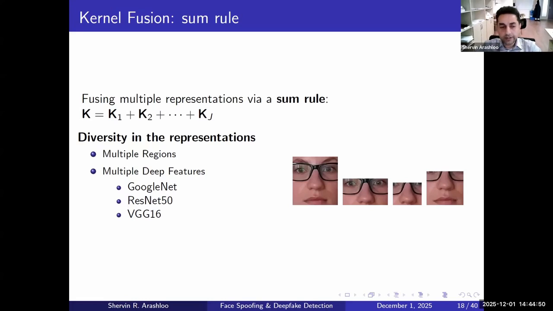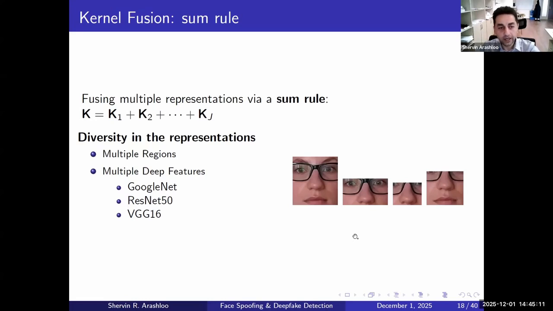First of all, we use genuine samples, or let's say real samples. Then we try to extract as much different information as possible at a time from those genuine samples, both in terms of different regions and also in terms of different features.